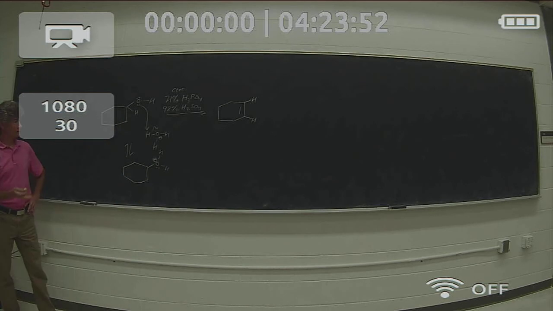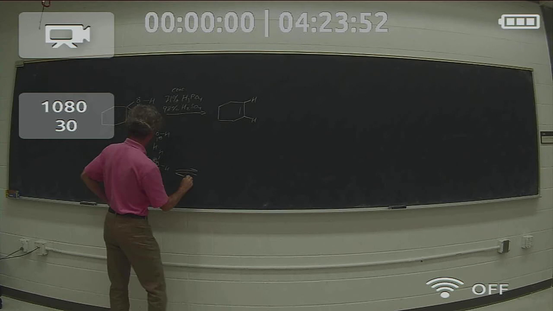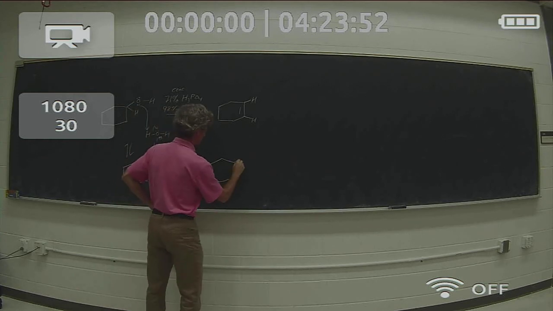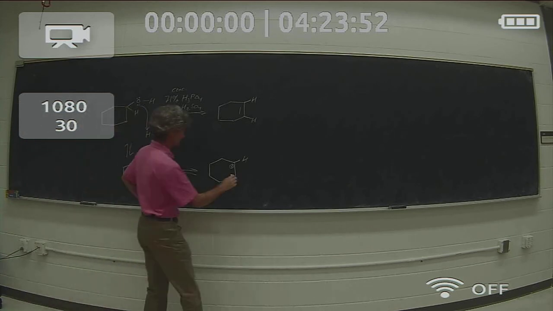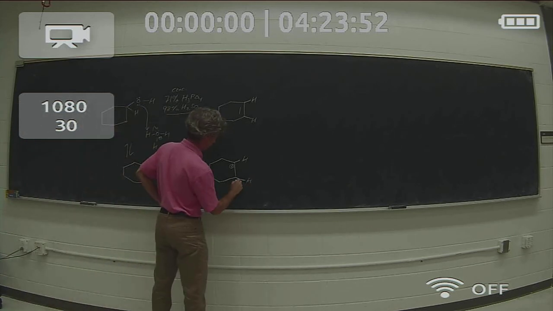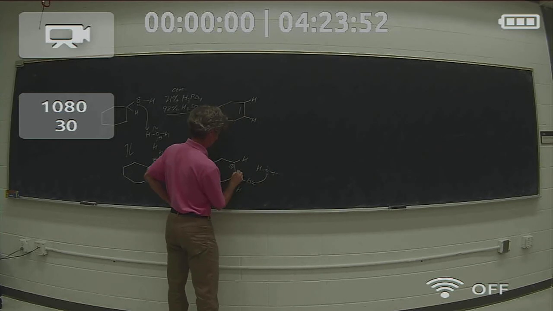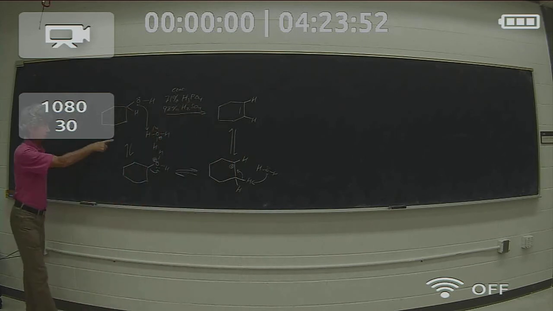But now, after the leaving group leaves in step 2, we generate a carbocation. Instead of being trapped by a nucleophile, water will come and remove an adjacent hydrogen, to regenerate the acid catalyst.